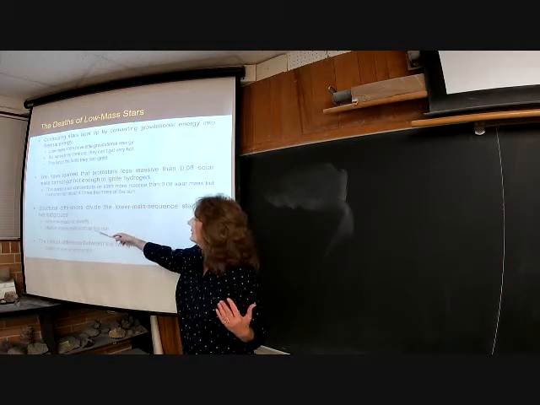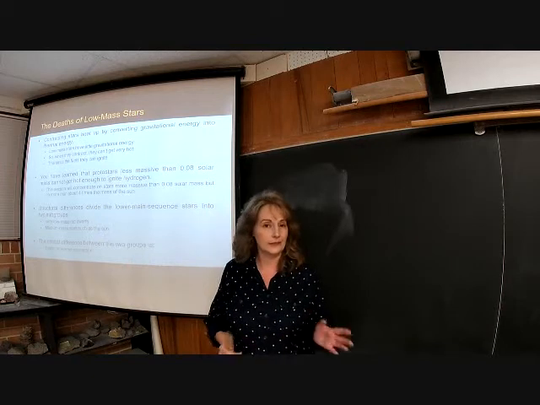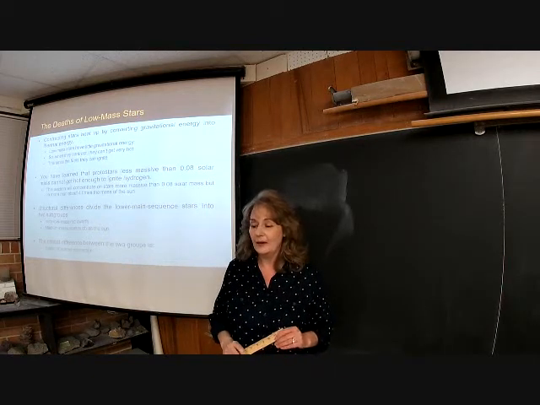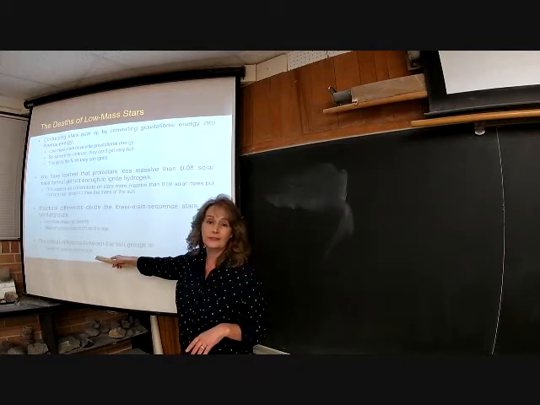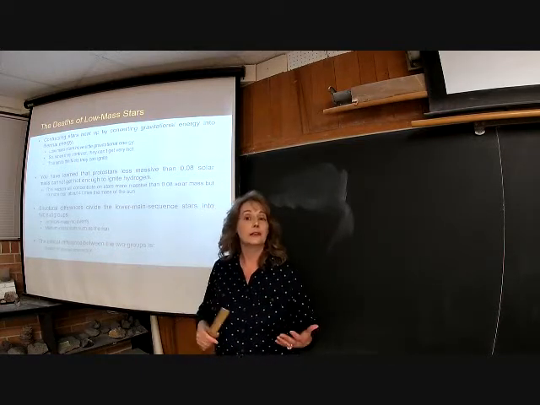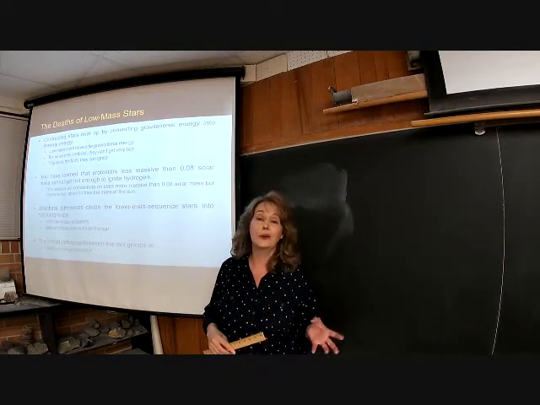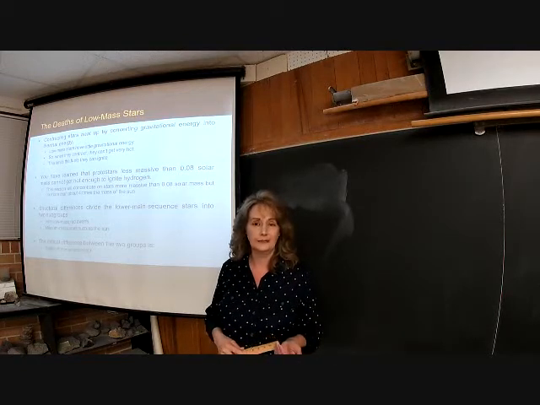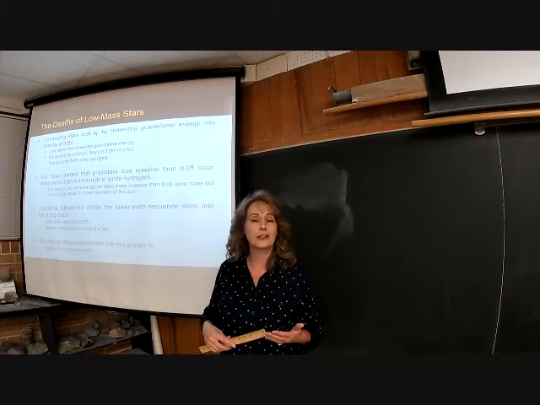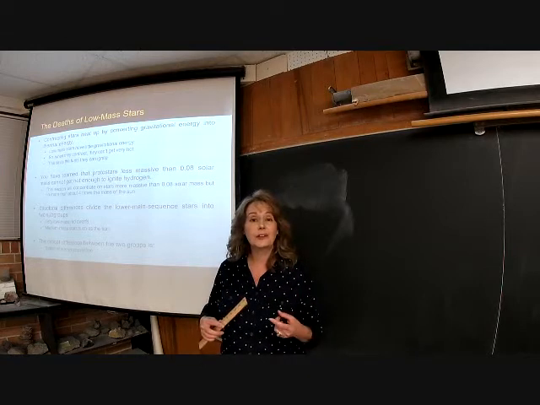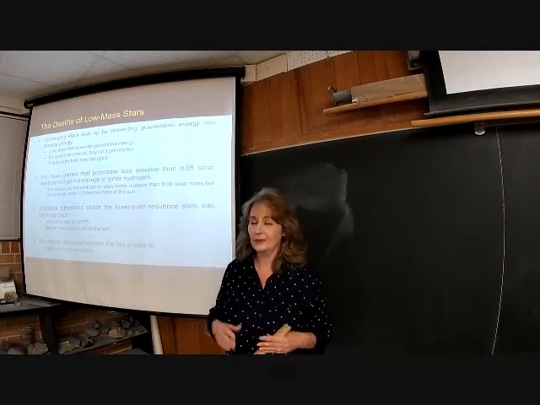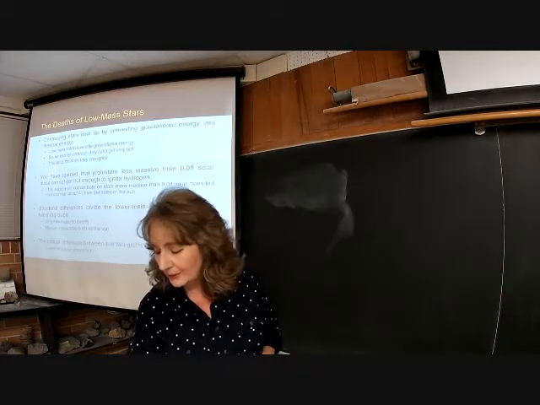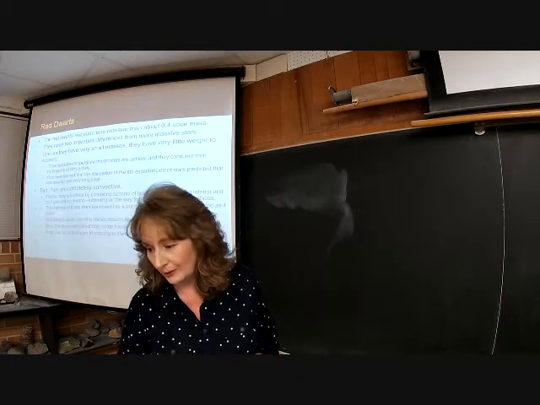And then the medium mass stars like the sun, okay? A difference between these two groups is what's going on with the extent of convection in the centers, okay? I mentioned the very low mass ones are completely convective. Your medium mass stars like the sun have a radiative zone, and then the outer layers are convective. And so there's a big difference right there between those two groups.